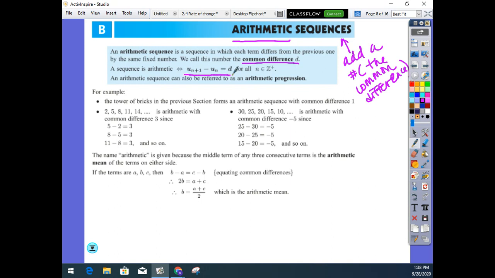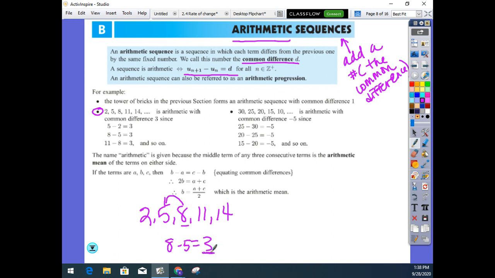Now, this notation here just means, here, let's take this one here. I'm going to write this down here. If a sequence is arithmetic, what this says is I take some term anywhere here, let's just say 8, minus the term that comes before it. 8 minus 5 is 3.